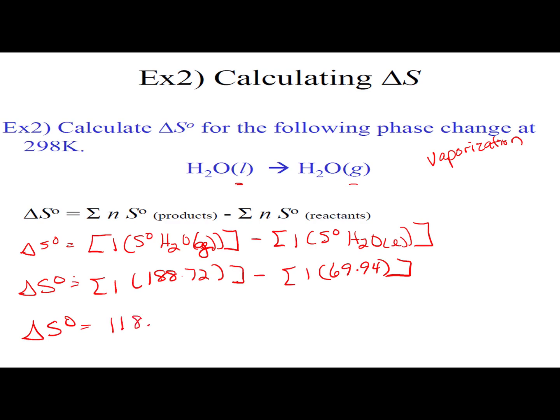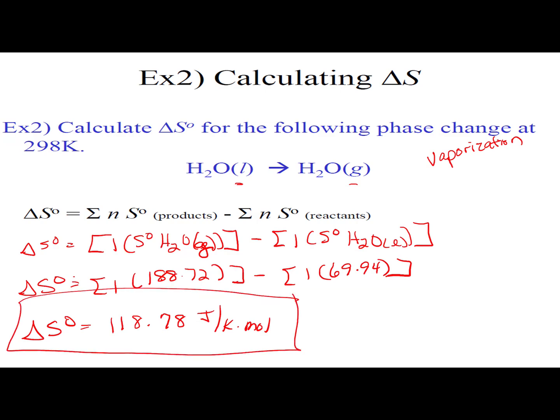So our delta S here is 118.78 joules per Kelvin mole. And we can see that our delta S value is positive, which is what we expected if we do a phase change from a liquid to a gas.